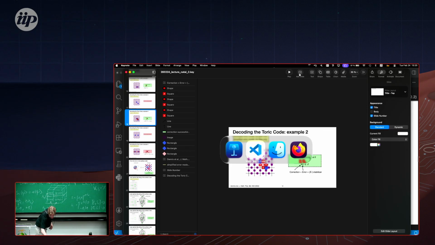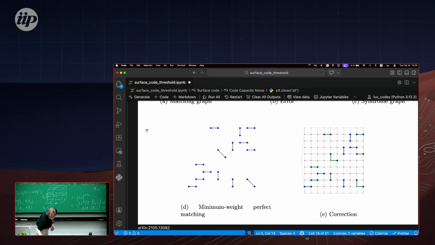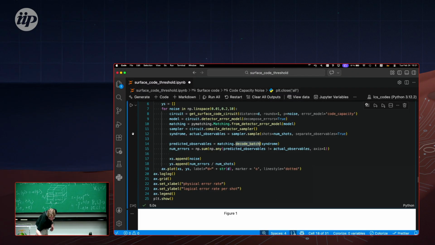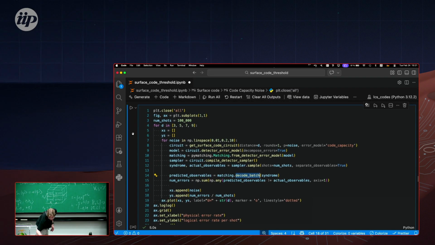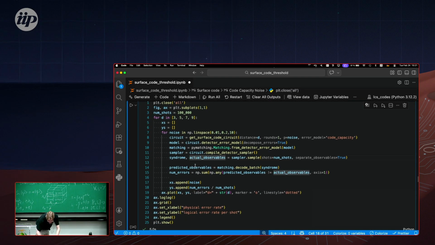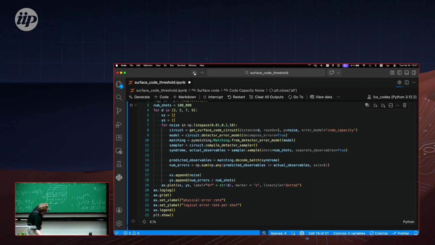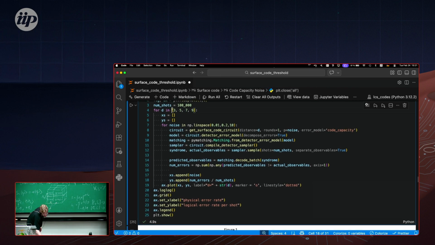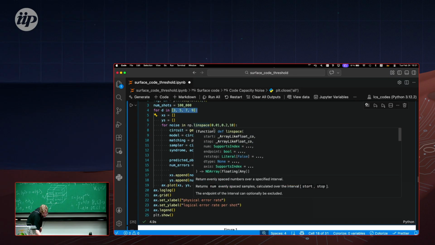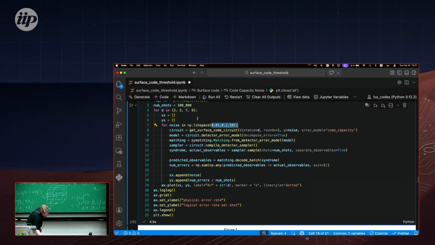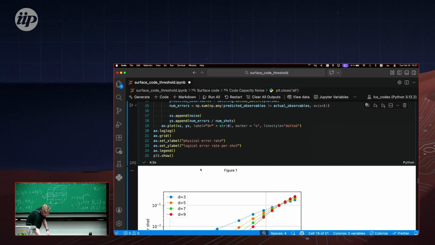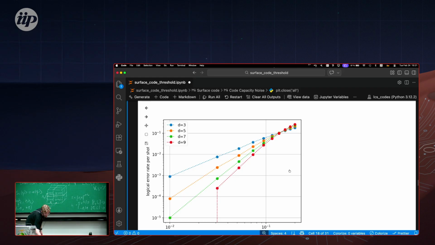And when I do this, I will actually run this because it's pretty fast. So I sample, for each distance of a surface code and each noise rate, 100,000 shots, and you saw it just took 5 seconds because it's all very well programmed, and I get the following curve.